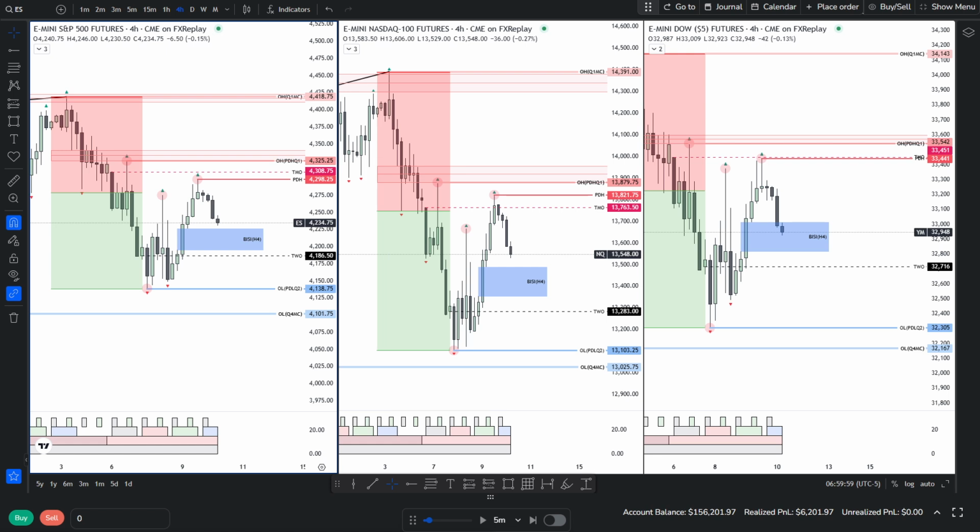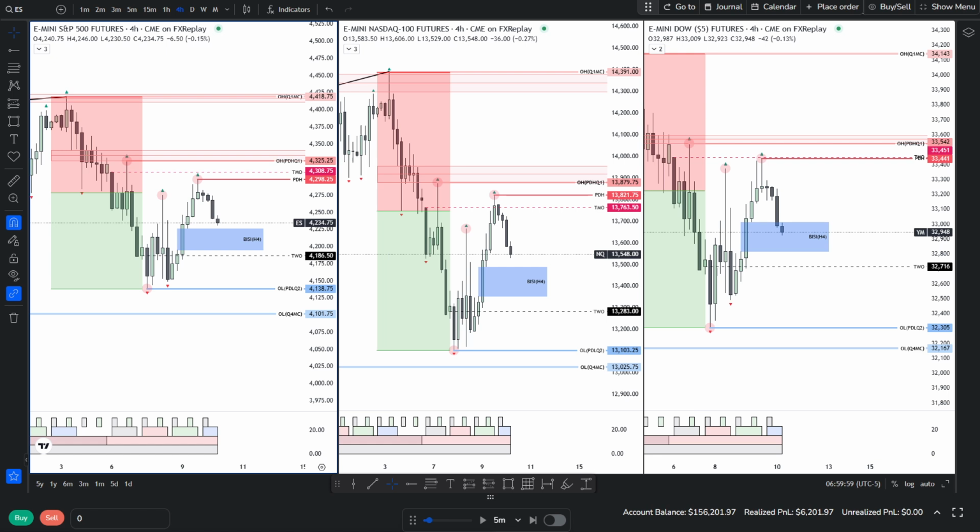So we'll note a bullish break at M15, potentially even hourly, and then displaces higher, leaving a bullish fair value gap.